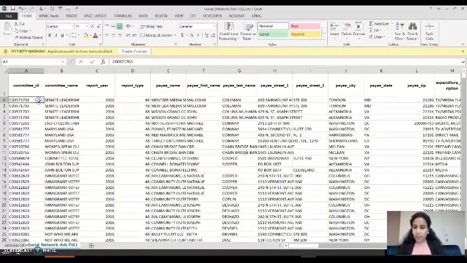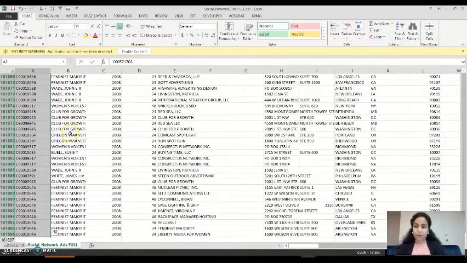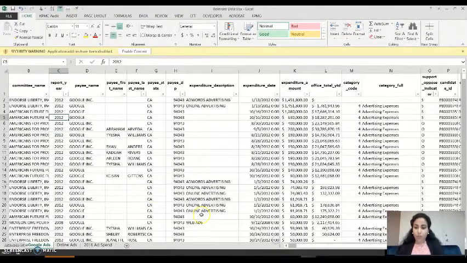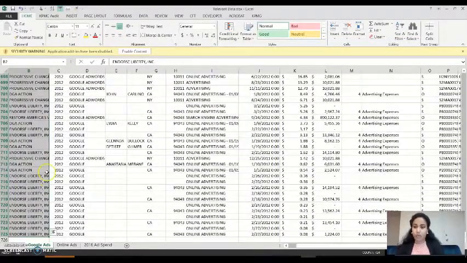The total lines of the data set is about 161,896 lines, which is quite large. This data was further filtered down to obtain just the data on Google's ad spending by all of these committees. The Google ad spending by PAC came out to be 725 lines worth of data.